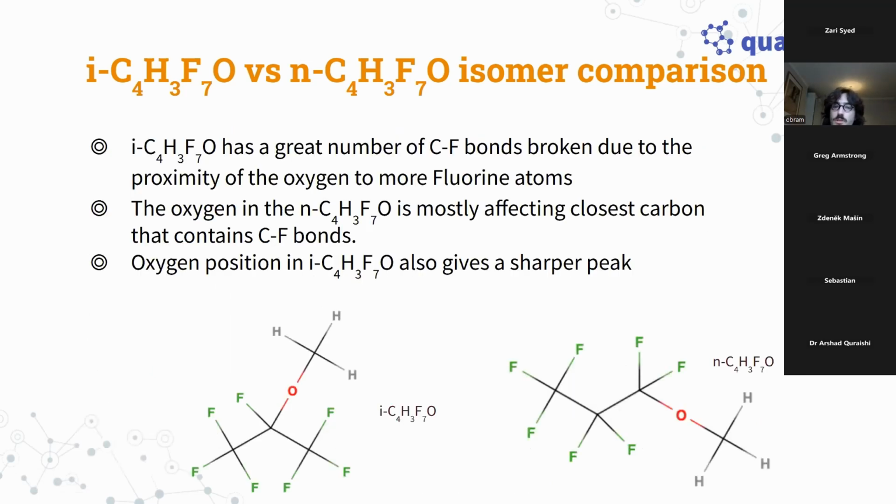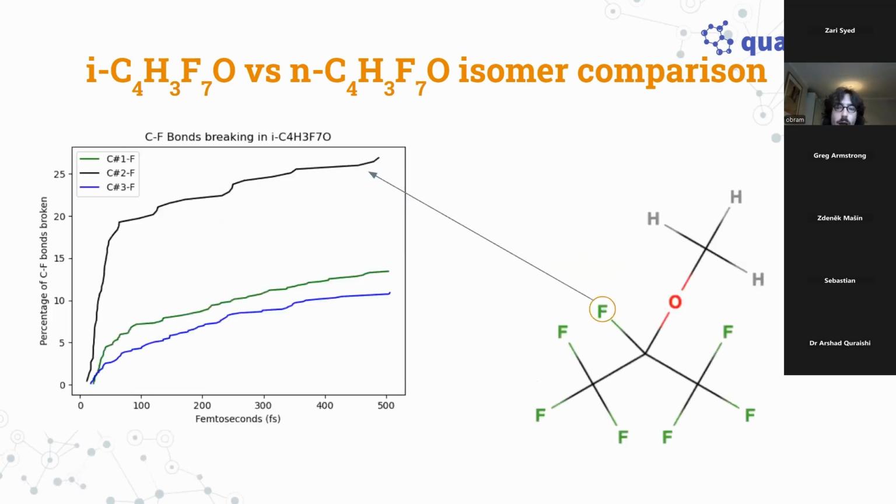So some of the rules that we can take from this is that proximity to the oxygen means more fluorine bonds being broken. And this oxygen here is affecting this fluorine the most. And it also means that there's a sharper peak in the rate that these bonds are broken. And we can then sort of double down into this and look at which fluorines are coming off.